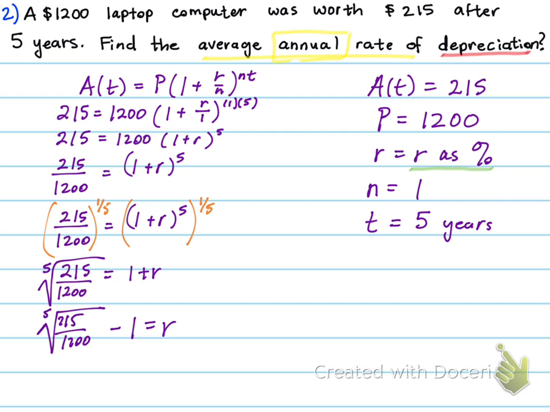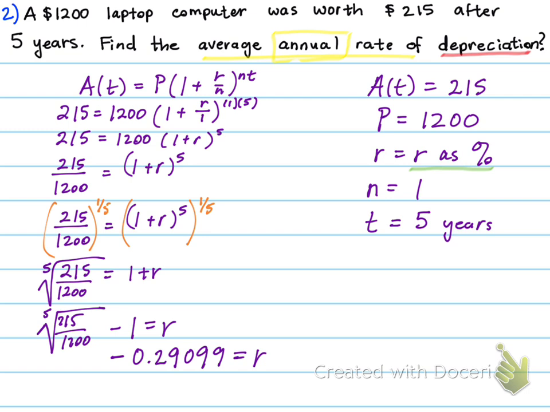To do that 5th root, you're going to hit the button Math, and then you're going to scroll down to number 5, and then you can type in the 5th root, and then I'm going to put a fraction, 215 over 1,200 minus 1, and you're going to get this negative rate. It's going to be negative 0.29099. And I'm going to stop there, equals R.